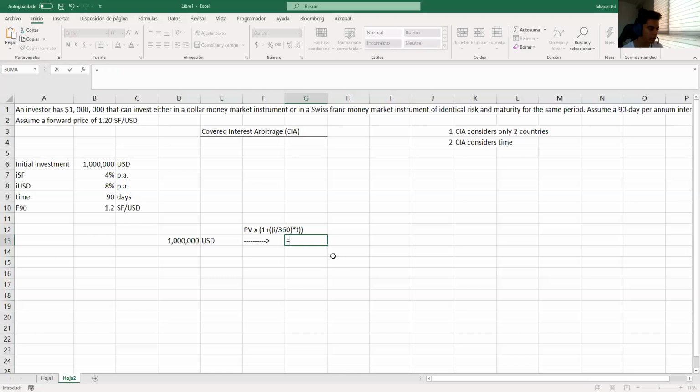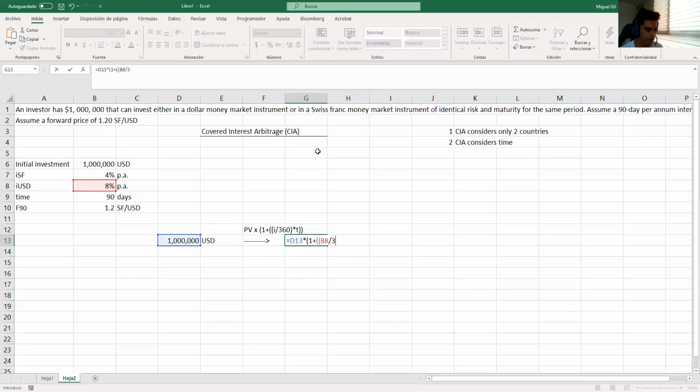So let's use this formula to calculate the future value of $1 million. So you have $1 million, and you will multiply that times 1 plus the interest rate of the US. Here you have to be careful because the interest rate of the US is 8%.